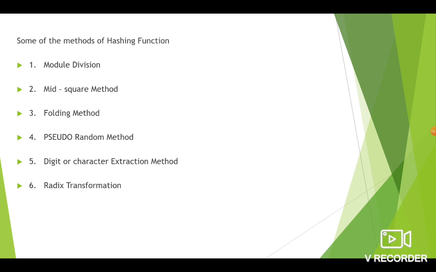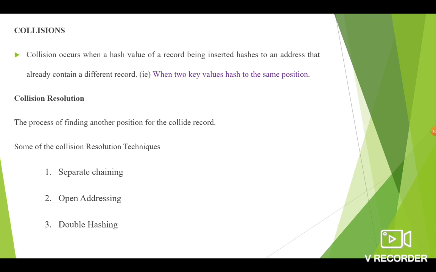To perform hashing, we need the hash function. What is collision? If for two key values we get the same position, then it is called a collision. To handle the collision, we use three collision resolution techniques: separate chaining, open addressing, and double hashing.